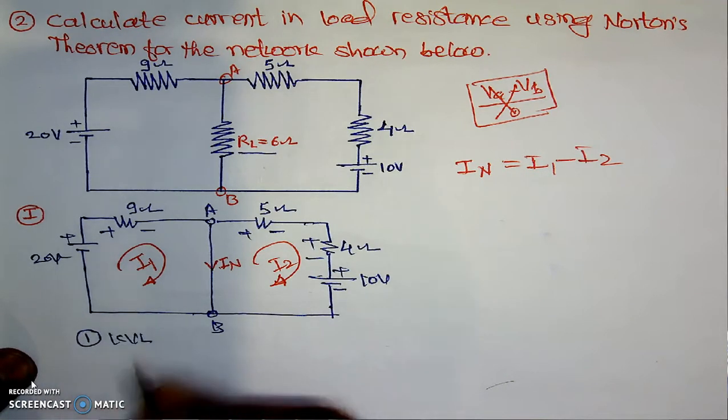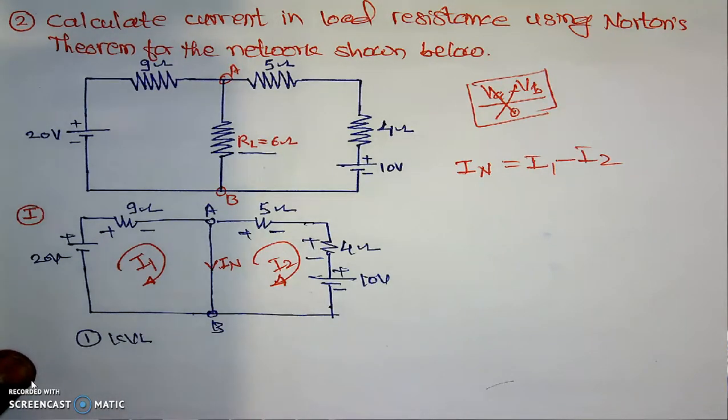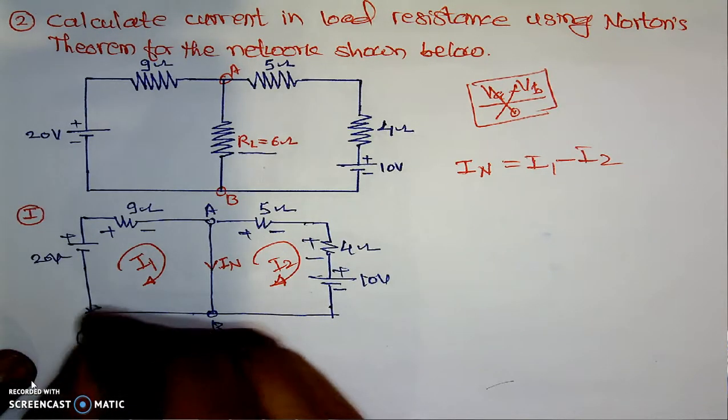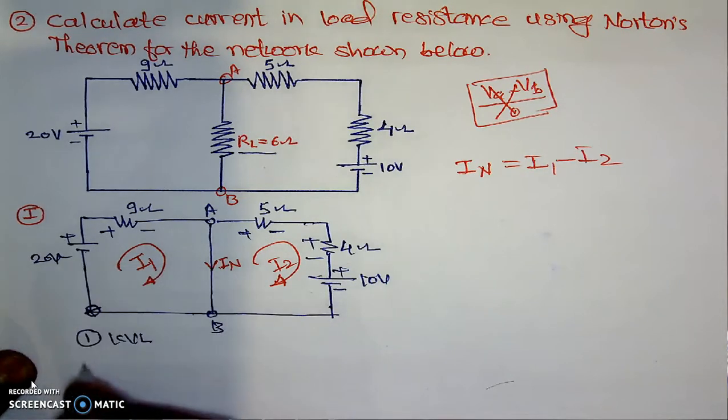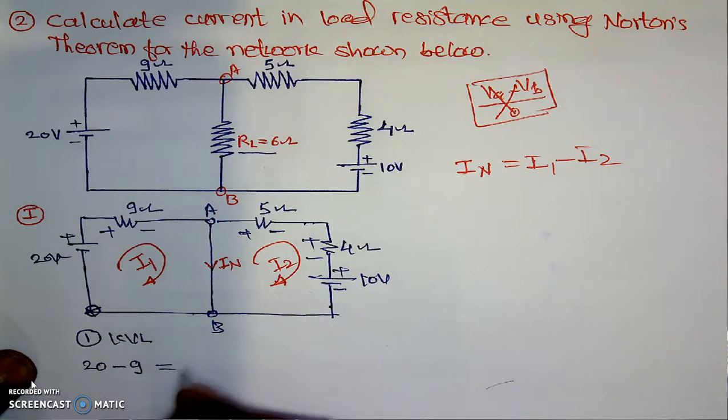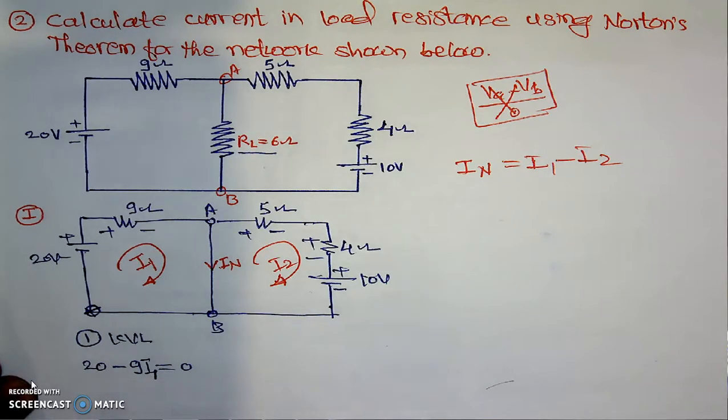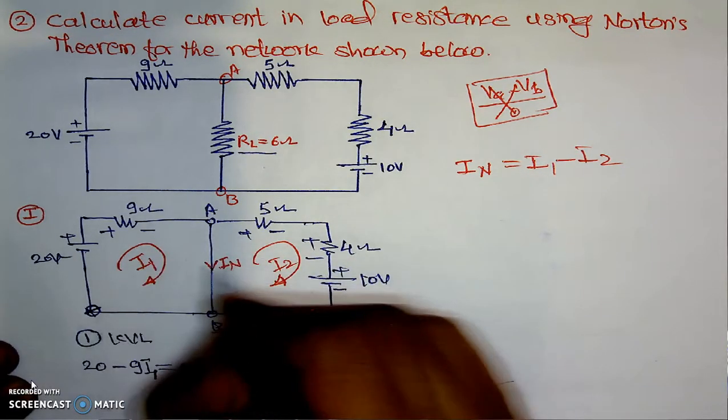KVL to loop number 1. If we are traveling from this point into the loop in the upward direction, negative to positive, which is plus 20, then minus 9 I1 equal to 0, that is minus 20 plus 9 I1 equal to 0, because there is no common element.